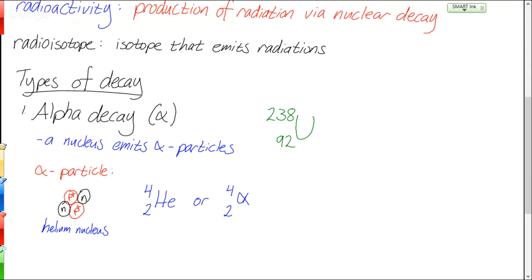So we start with this one thing, and then it falls apart. We draw the arrow, and if it's alpha decay, it means we lose an alpha particle, a particle with 2 protons and 4 total mass.